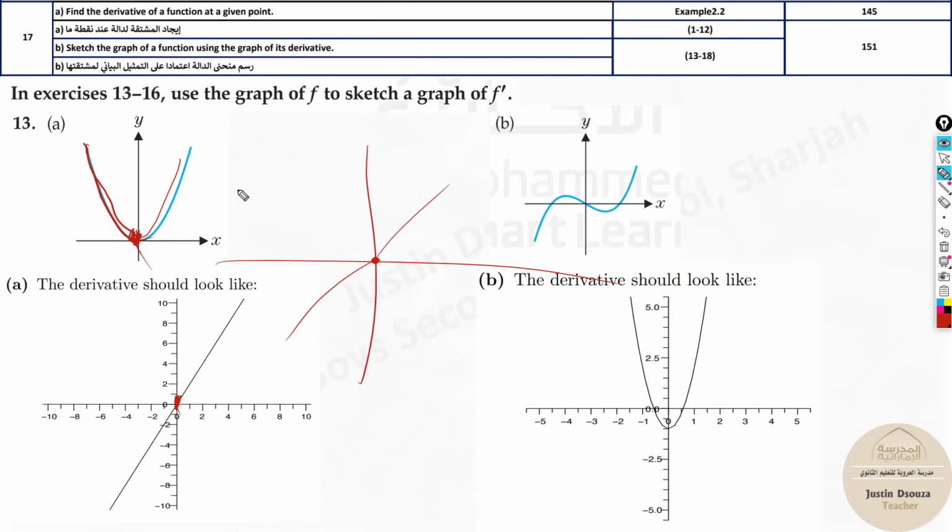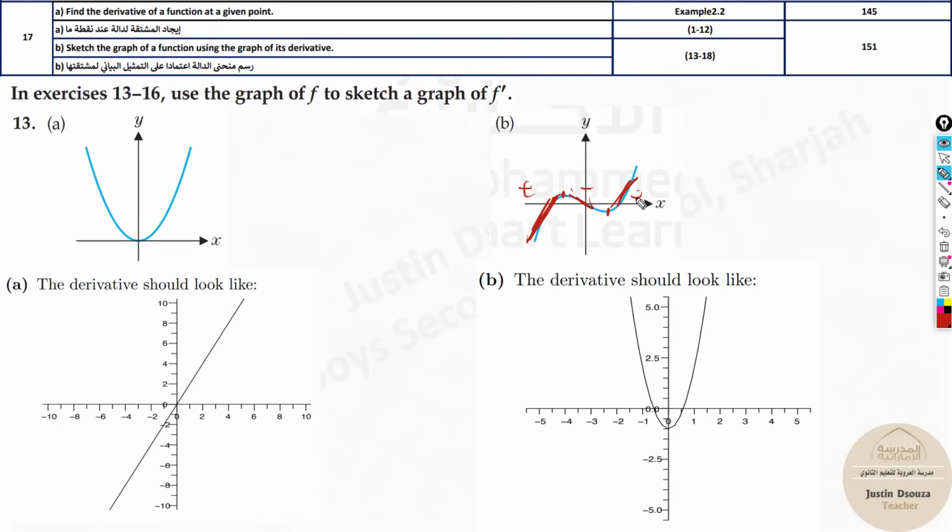Now here, this is a parabola. You should know by looking at it, the derivative will be a linear function and will just be like this. Now let's look at the next one. This has difference over here, it increases over here, that is plus, minus, plus. Okay, what are the points?